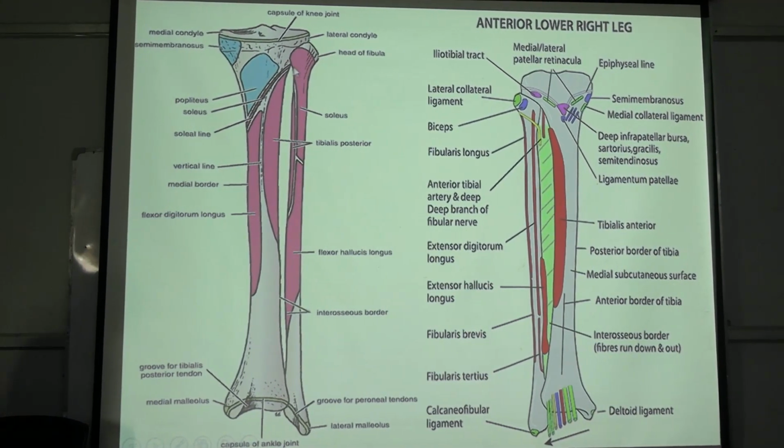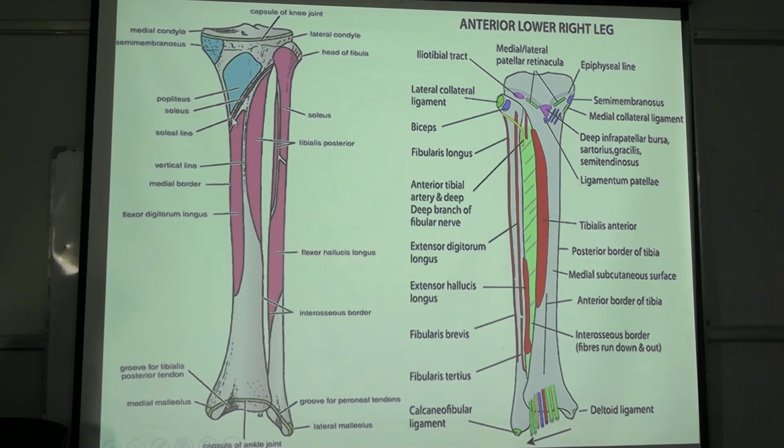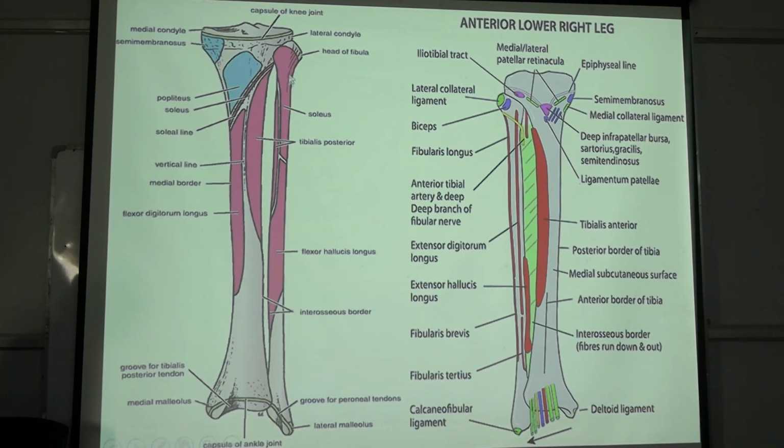We have learned the soleal line present on the posterior side of the tibia. The soleus muscle has a thin linear attachment here. The rest of the soleus has a fleshy or bulky attachment on the head, neck and half of the shaft, on the fibular posterior surface.